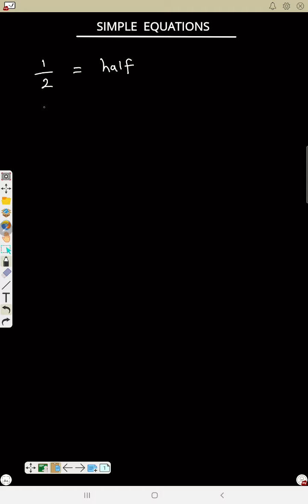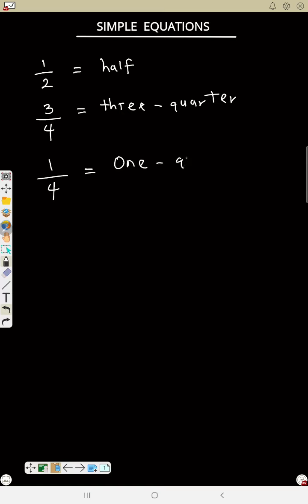If you say 3 over 4, 3 over 4 is 3 quarter. If you say 1 over 4, it means 1 quarter.